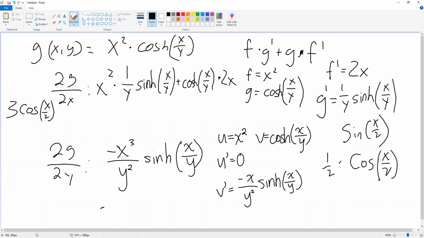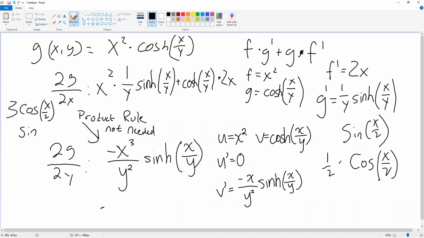You can just say this is just the sine of whatever, and that just comes along for the ride. So I'll make a note: product rule not needed.